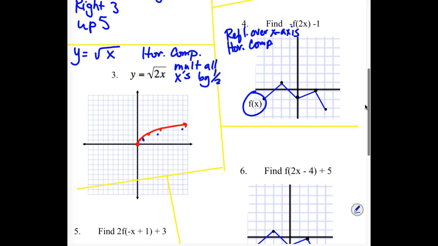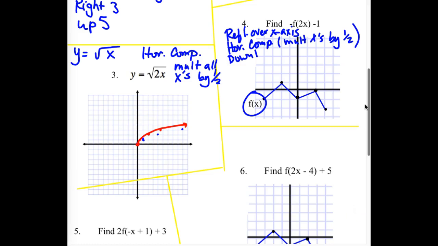All of my x coordinates are going to get multiplied by 1/2, right? Because the 2 will put it back to where they started. So multiply x's by 1/2. And then what is the negative 1 on the outside going to do? Down 1.